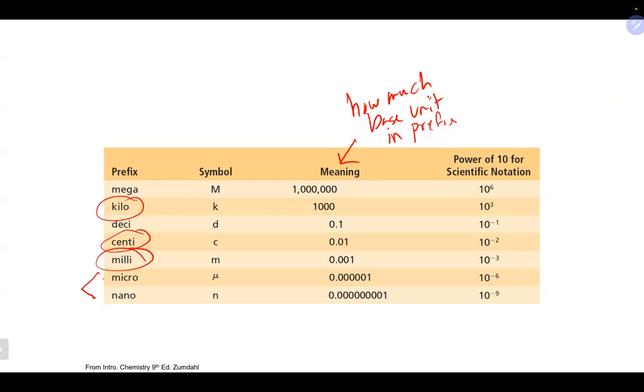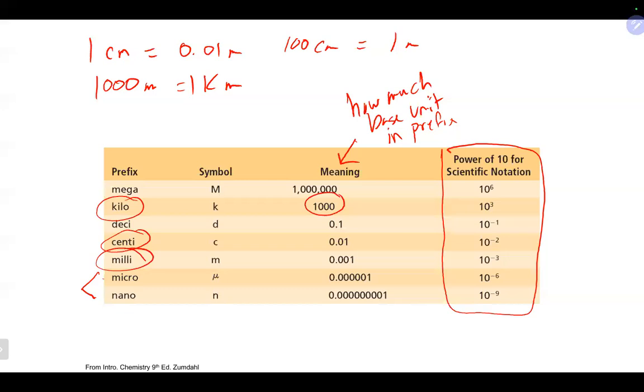So as we saw before, 1 centimeter is 0.01 meters, or dividing it out gives us 100 centimeters is 1 meter. We also see that in kilo, there are 1,000 meters in 1 kilometer. Those are some relationships we could get from here. Although for some reason they don't want you to use these, I think it's good to know.